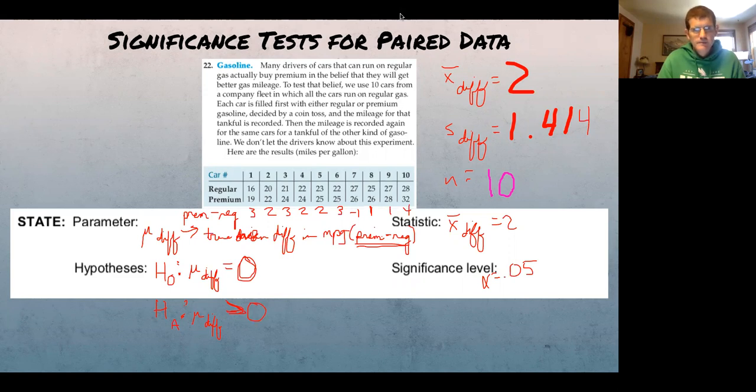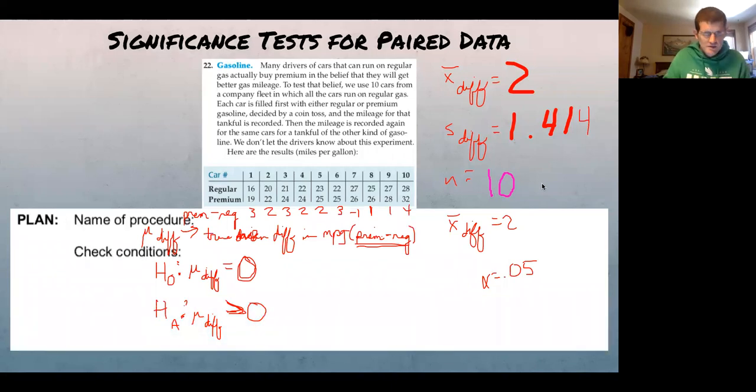Okay, so that is it. Pretty straightforward. And remember, if I had ended up with mostly negative numbers because I did regular minus premium, then I would have said my mu sub diff is less than 0 for the alternate hypothesis. Okay, so we can do some of this. I'll just erase rather than clear the page.